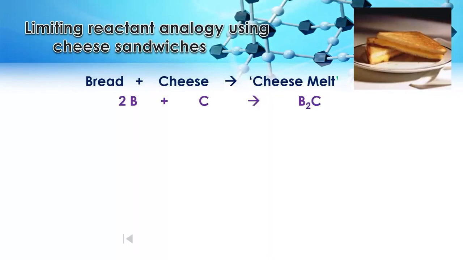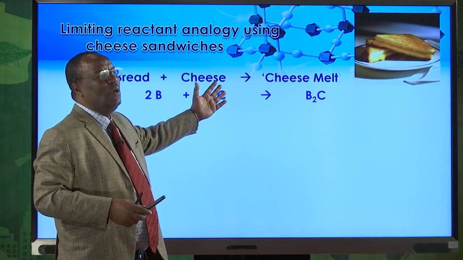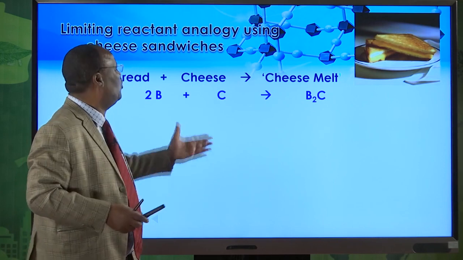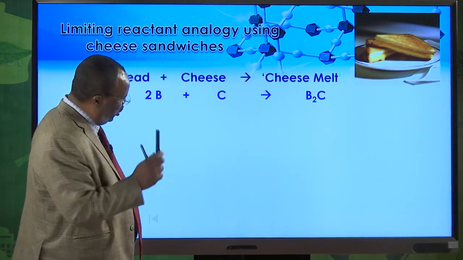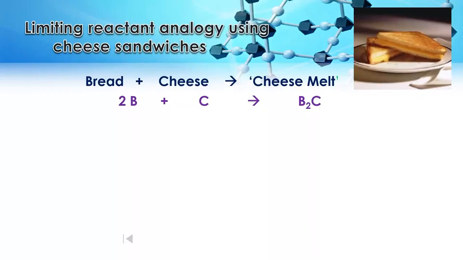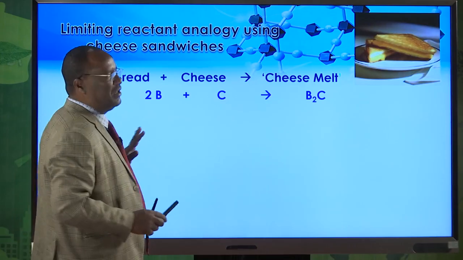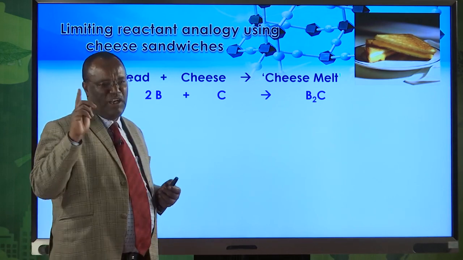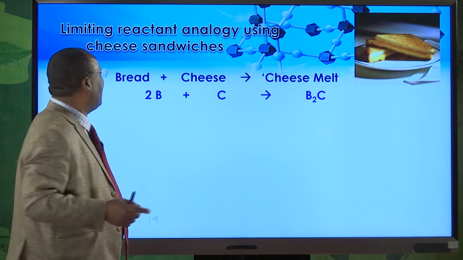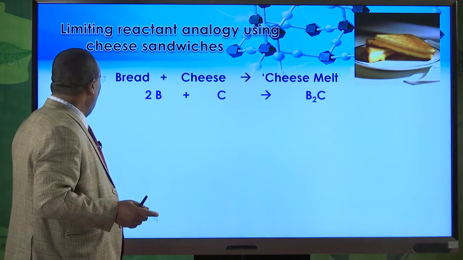To prepare a sandwich, you need two pieces of bread and one slice of cheese, which will give you one sandwich. Let us use this analogy to understand the limiting and excess reactants in chemical reactions.